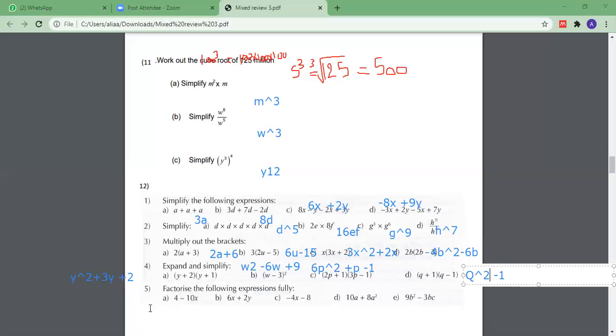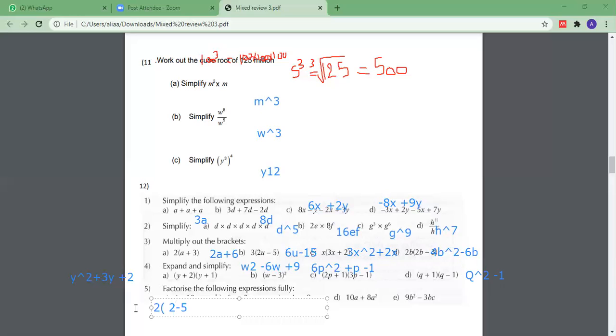Okay, final question, factorizing. 4 and 8 are in table 2, so it will be 2 bracket, 4 divided by 2 is 2, minus 5x.